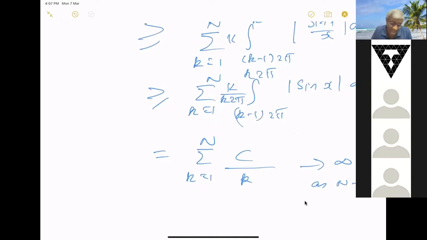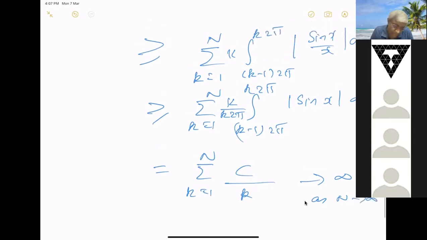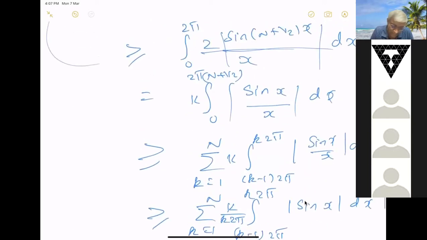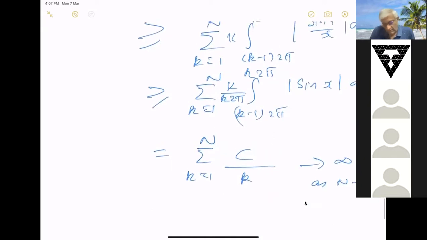There are some constants which you can accumulate and call a big constant c. So this is fine, just a simple manipulation. I hope this is okay.